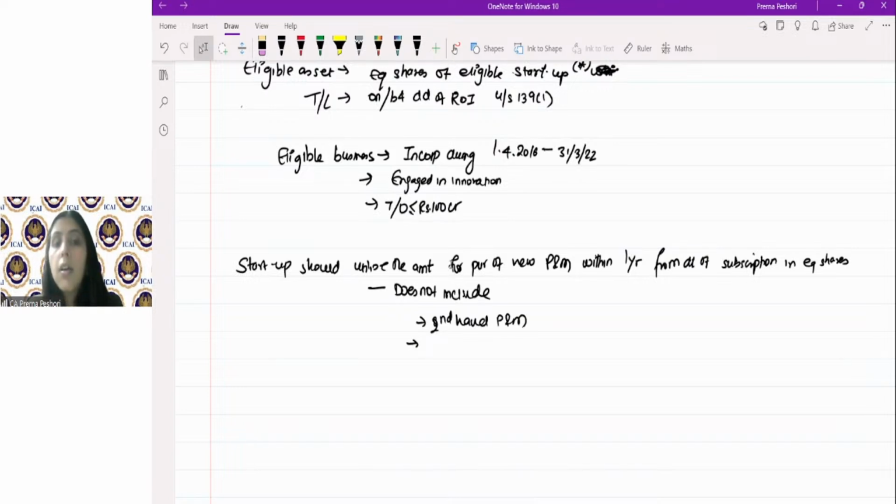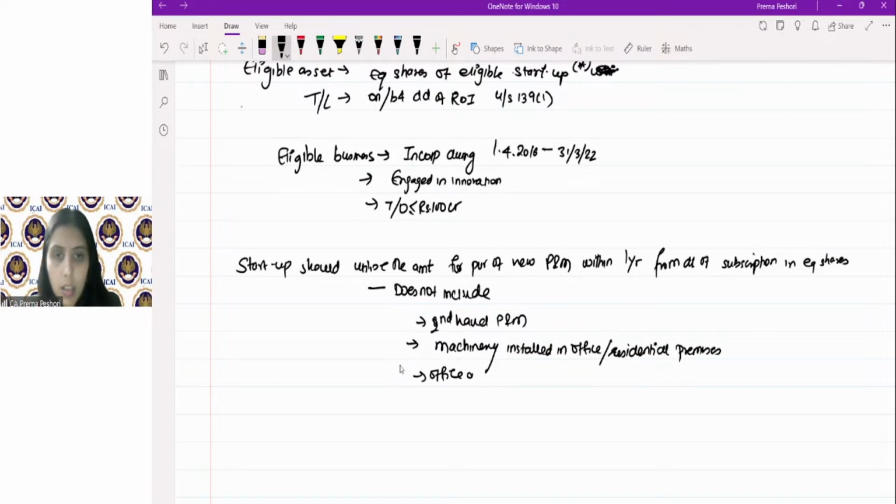Then machinery installed in office or residential premises. Office appliances, including computer and computer software.